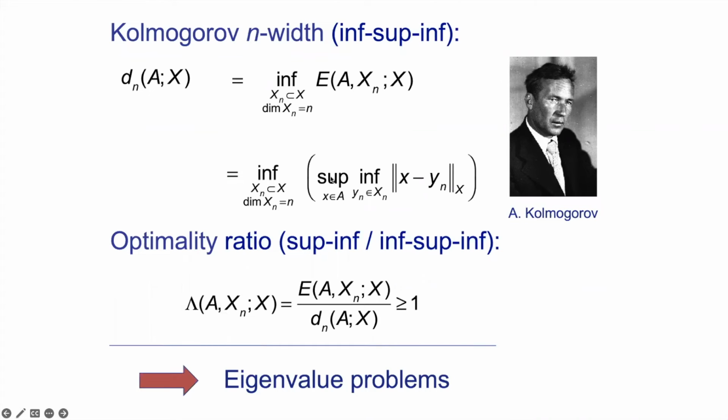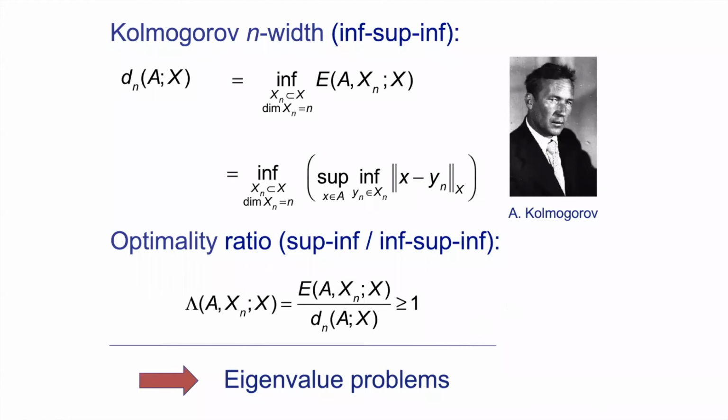So it's the inf sup inf. And then, if you have an n-width for a space, and for various models and simple geometries we know what the n-width is, we can compute an optimality ratio by looking at the sup inf over that. And it leads to very complicated eigenvalue problems.